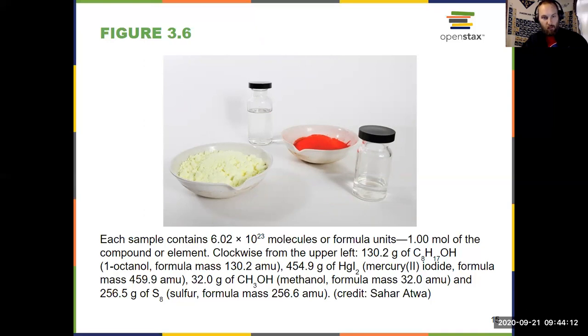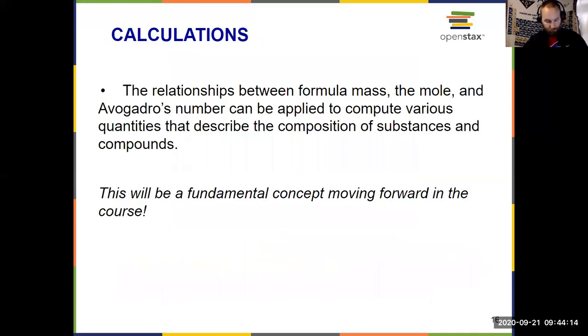Okay. So now, keeping that in mind, what we've covered so far, we can get to the math part of this chapter that I alluded to before. Because those relationships between formula mass, the mole, and Avogadro's number, right, are huge. They tie in a lot of things in chemistry together. Okay?